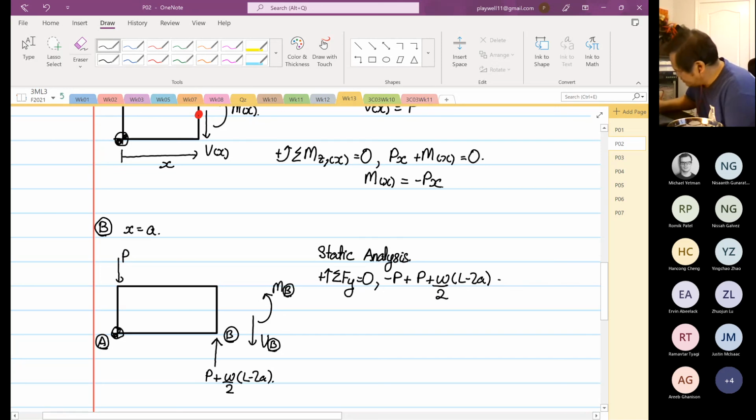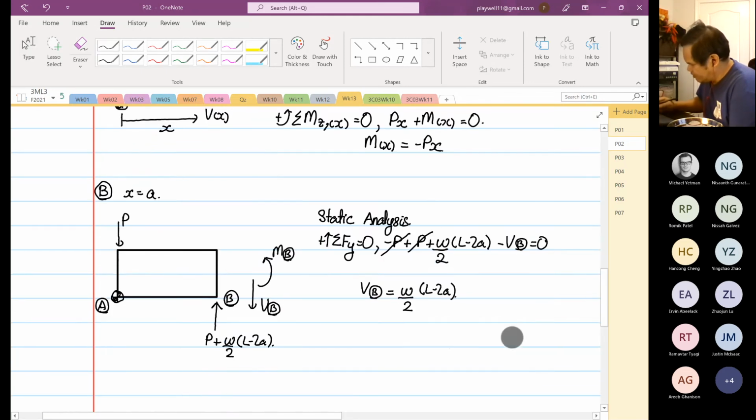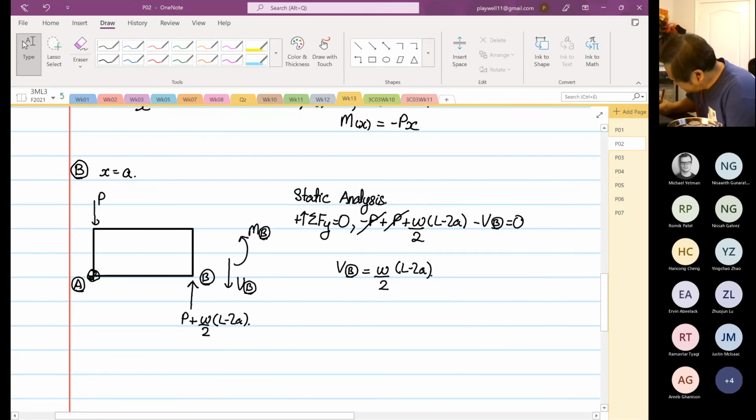Then minus V at point B is equal to 0. Okay, so these two will cancel out. So V at point B will be equal to omega over 2 (L minus 2A). Okay, so that is your shear force at point B.